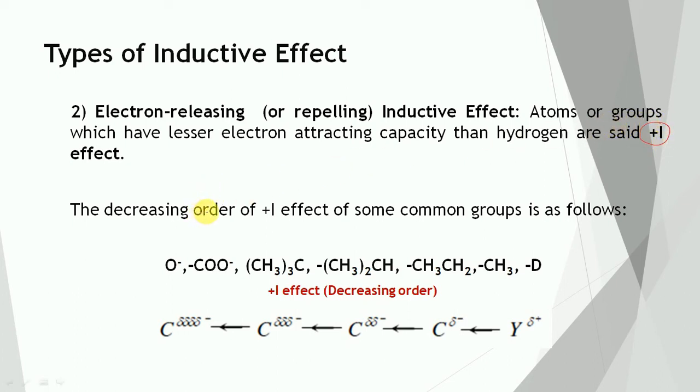The decreasing order of plus I effect of some common groups is given as follows. So these are the various atoms and groups which show the positive I effect in decreasing order.